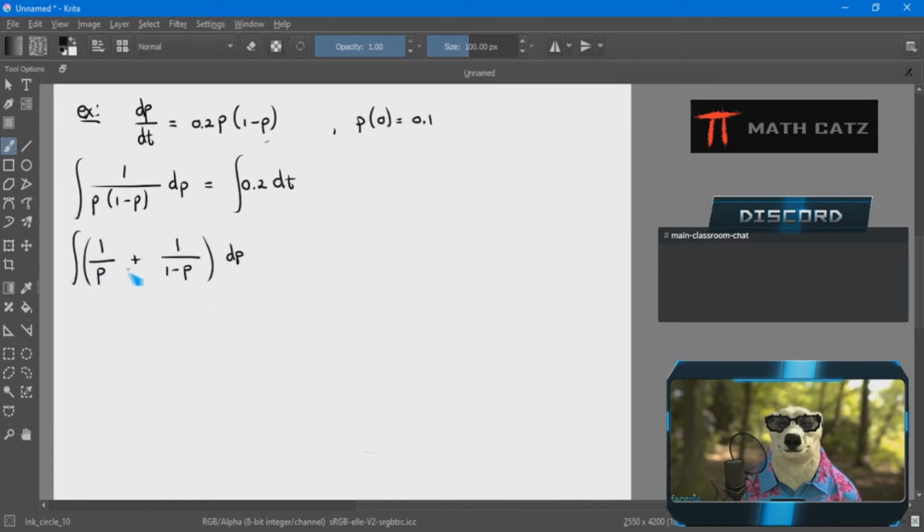Well, if I now put these fractions together over a common denominator, I'll get the first one times the second one, so I'll get over p 1 minus p. For the first one, I'll get 1 times 1 minus p, plus for the other one, I get 1 times p, the other denominator. So the p's will cancel, and I get my 1, which I want. Okay, so reverse guess and checking is going to be sufficient for this level of fraction.